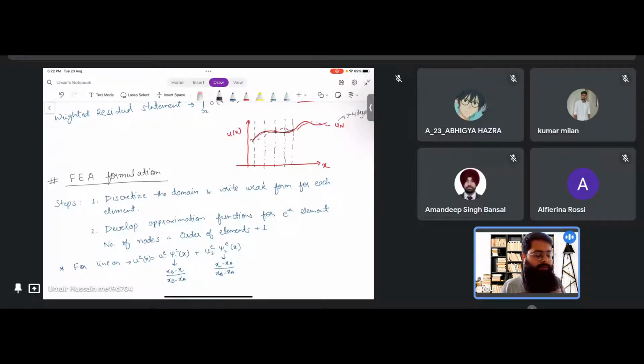There's another important advantage: in reality our domain can be a very complicated surface or shape, for which solving these weighted integral statements and those integrals would be a very difficult job in 2D and 3D. But in FEM, if it's some random shape, we discretize it in the form of triangles.